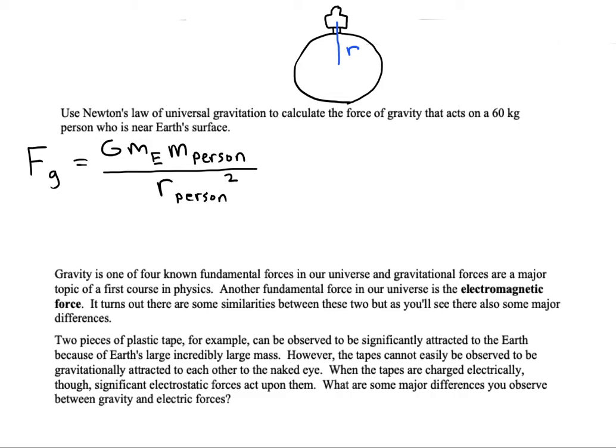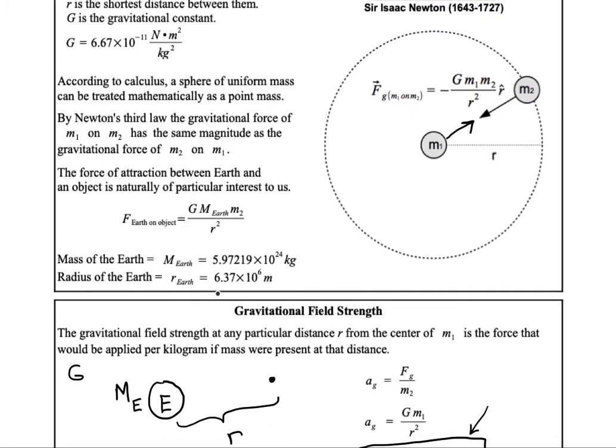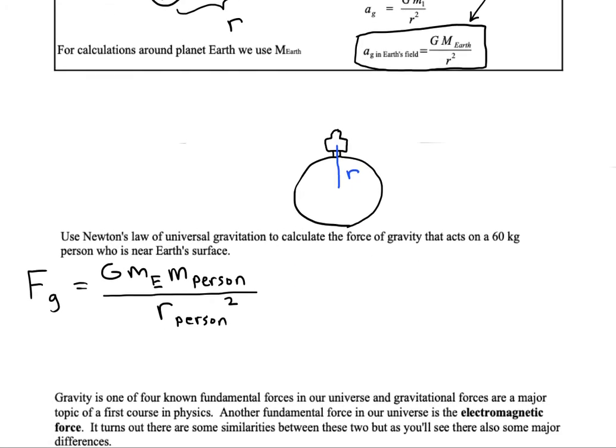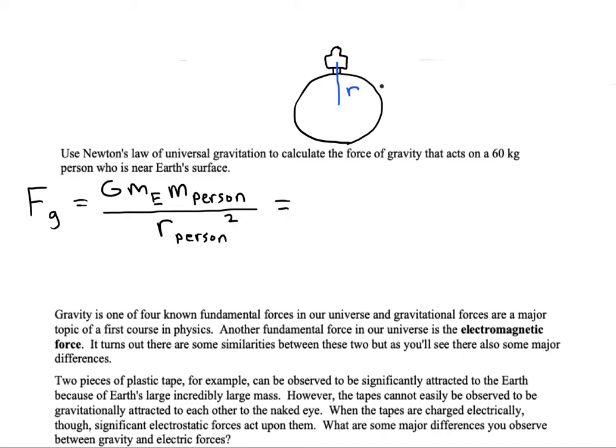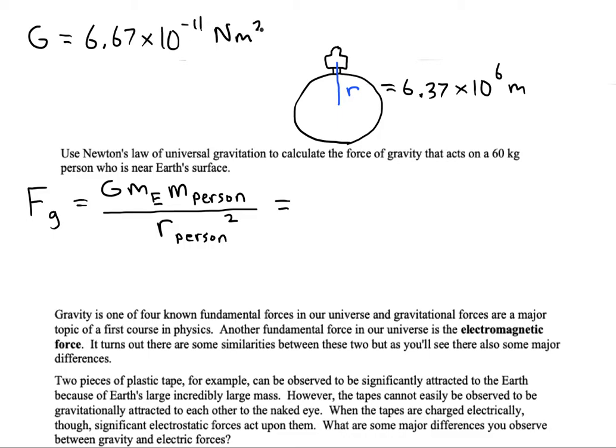All right, so our radius of Earth was given above. It's 6.37 times 10 to the 6 meters. We know the gravitational constant is 6.67 times 10 to the minus 11 Newton meters squared per kilogram squared. We'll see that the kilograms squared will cancel with our two masses here, and our meters squared will cancel with the radius.